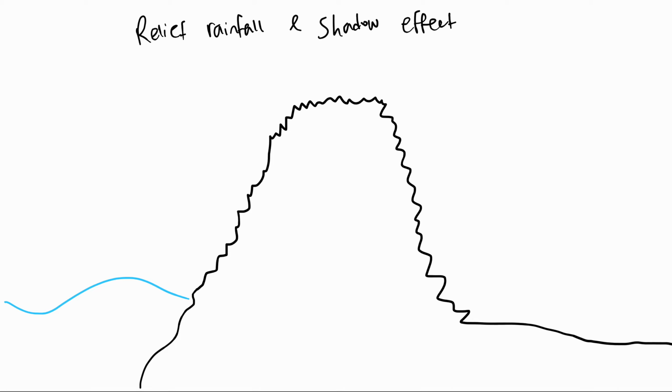This is going to be our ocean. This is going to be the seaside of the mountain. And our land side. This is going to be the land side of our mountain.